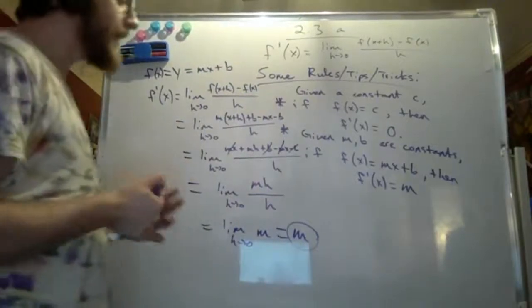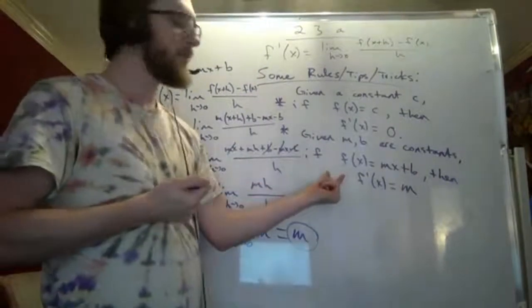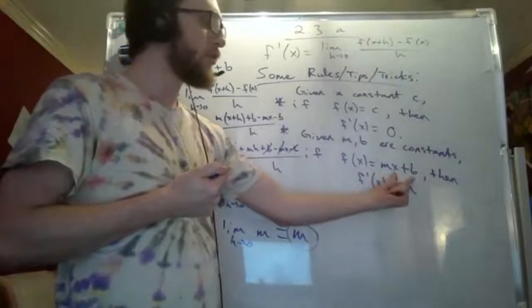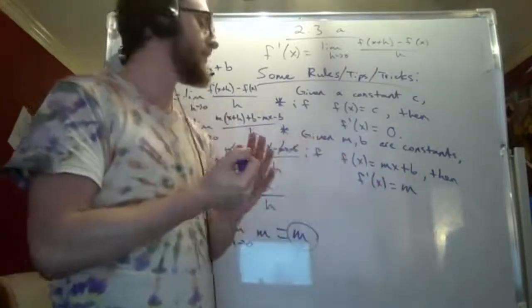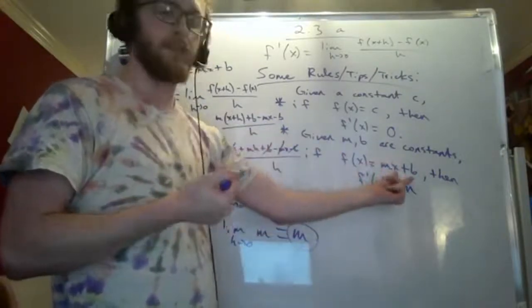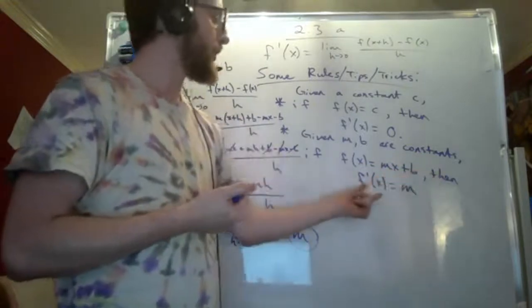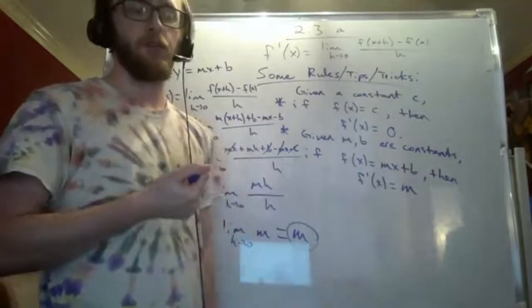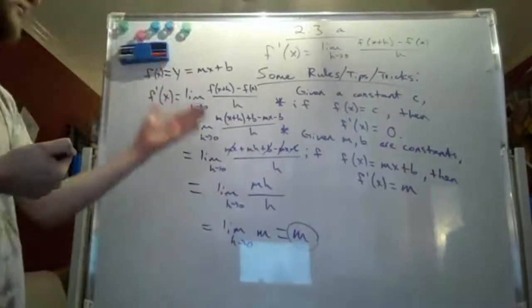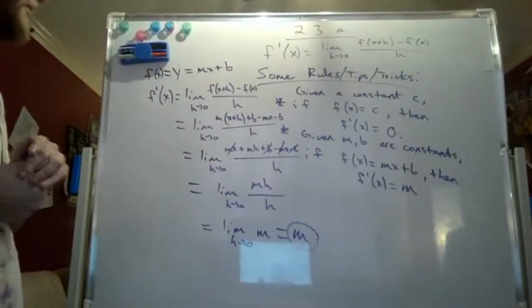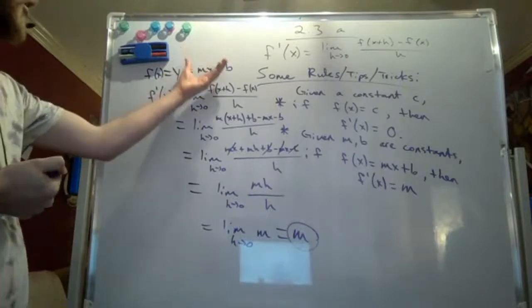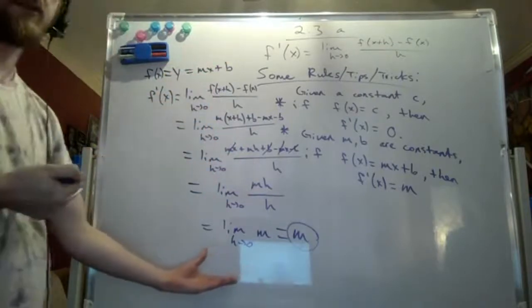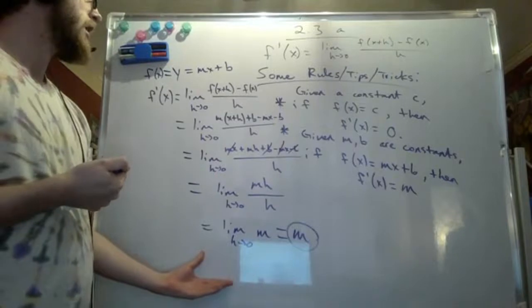So for any time we have a function that is just a regular old line, no powers, nothing fancy about it, just mx plus b in this format, then the derivative is always going to be that m, whatever the slope is there. So a nifty trick, something worth remembering. It's going to save you the time of working through the steps of finding the derivative.